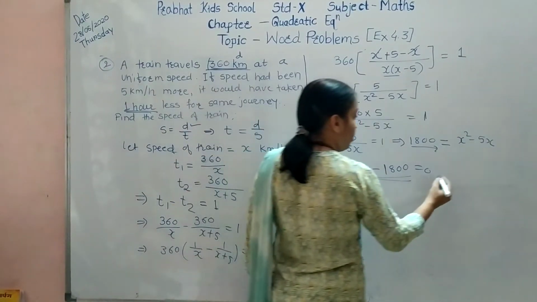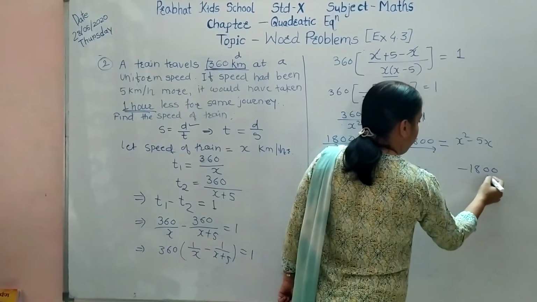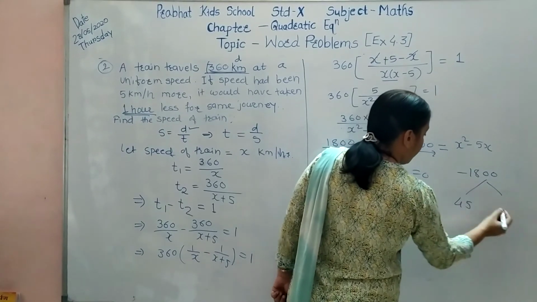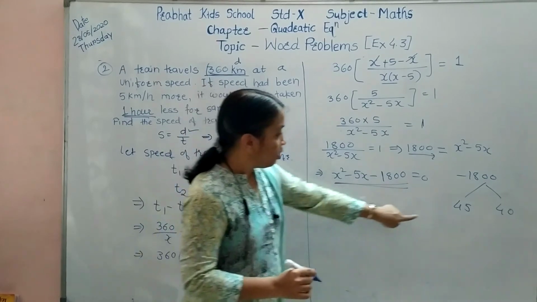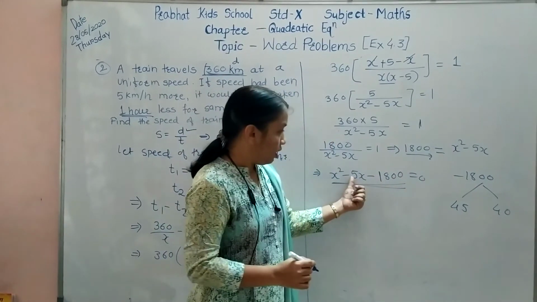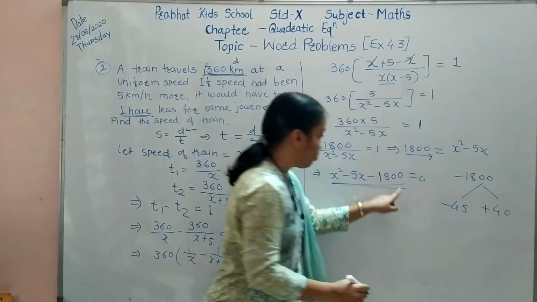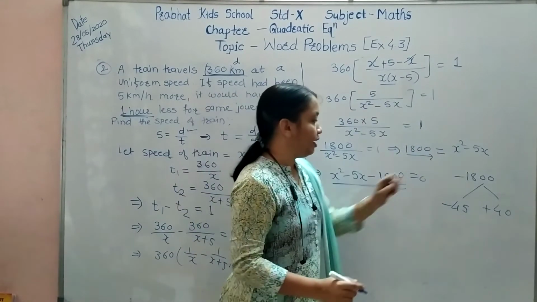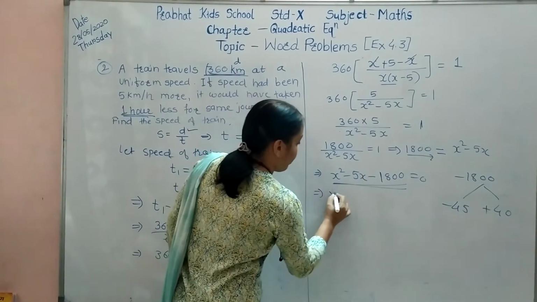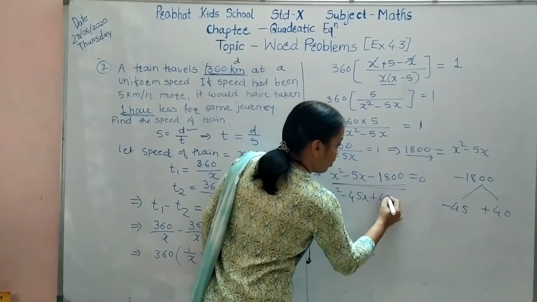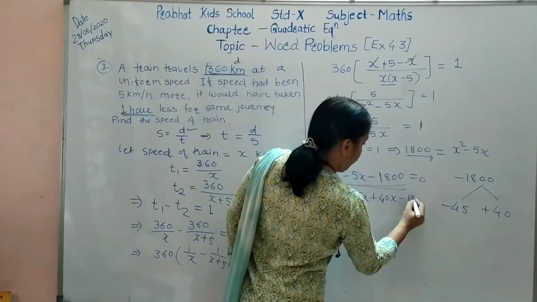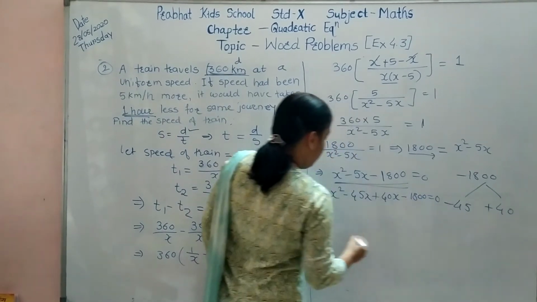I am using factorization here. Factorize 1800, and you will get 45 and 40. Now which sign should you give? As the product is minus 1800, one is minus and the other plus. Now therefore x square minus 45x plus 40x minus 1800 equal to 0.